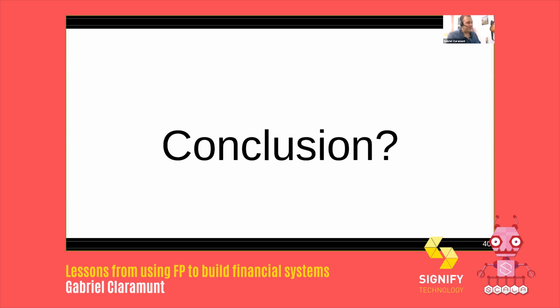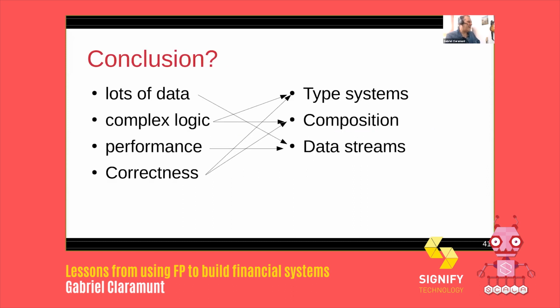So in conclusion, do I have a conclusion? I'm not sure. But yeah, an approach using functional programming for this kind of system, because they deal with a lot of data. They have very complex logic. They have big performance requirements, and also you definitely want correctness.